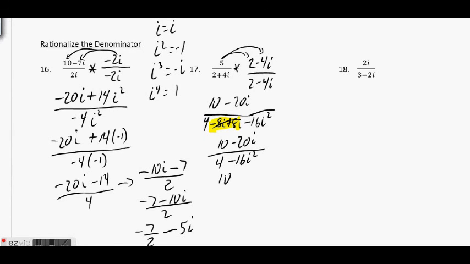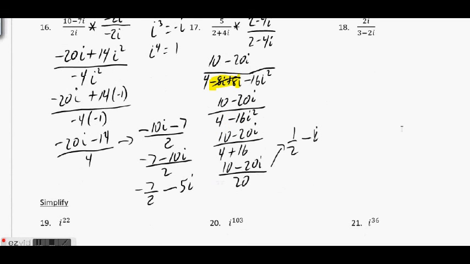So negative 16 times negative 1, I have 4 plus 16. So I have 10 minus 20i all over 20. And 10 over 20, I'm separating it, is 1/2 minus 20 over 20 is 1, so I'm left with i. Alright?